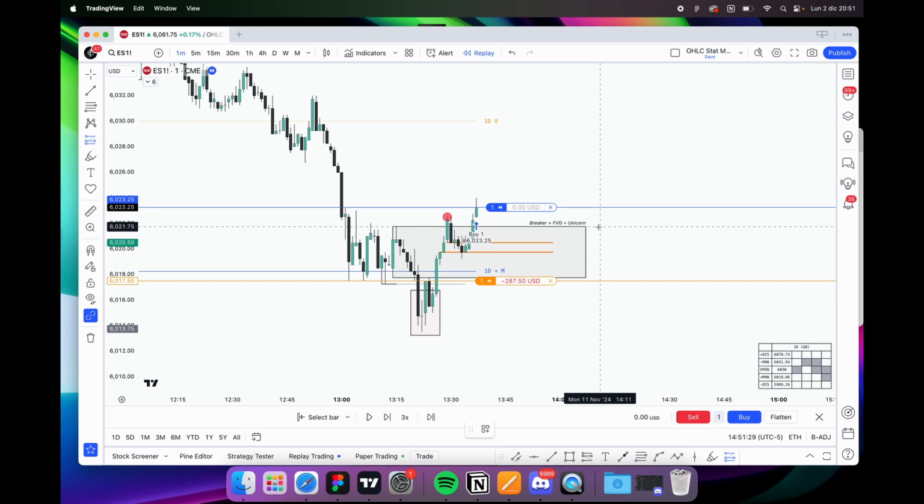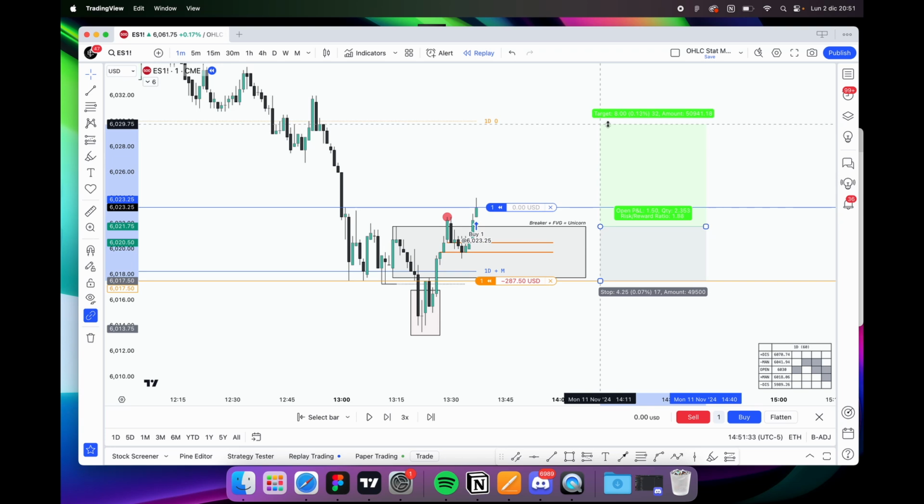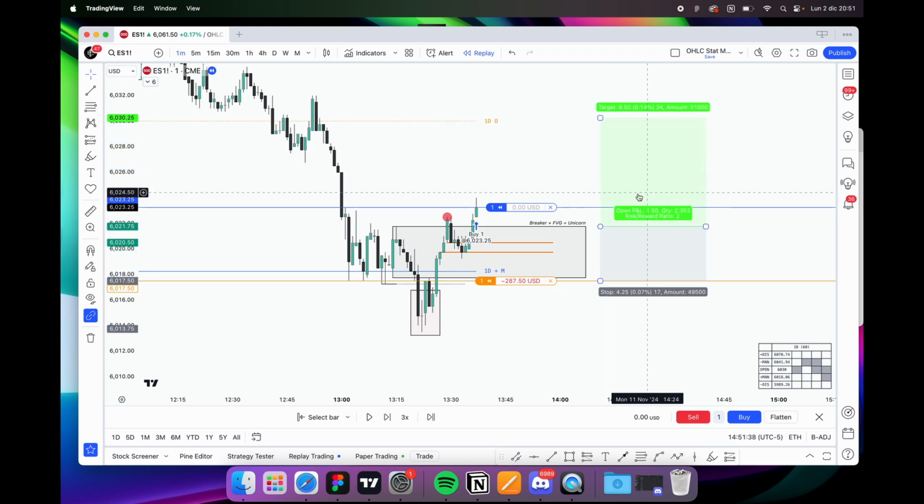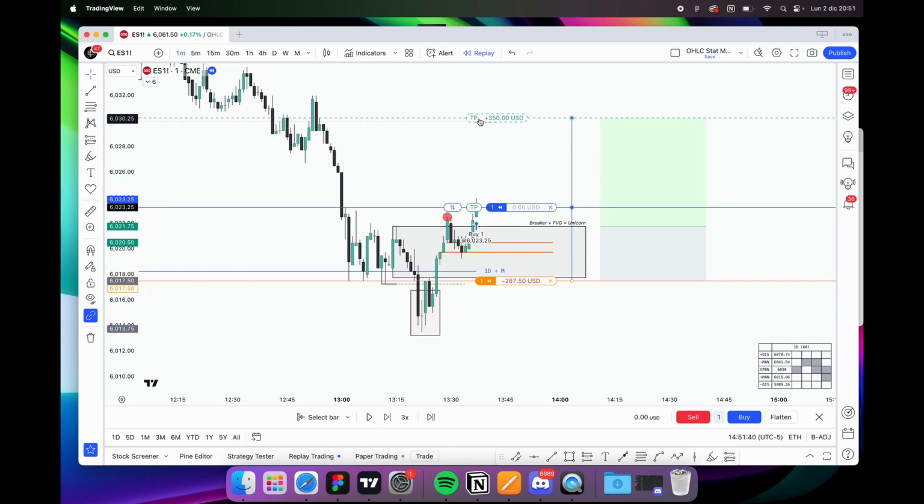Personally, I found that 2R is the best for me to play this kind of trades. So we're gonna place 2R on that one. Same way as I said before, I took this trade in my funded account.